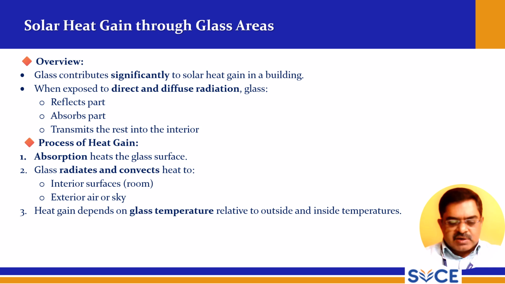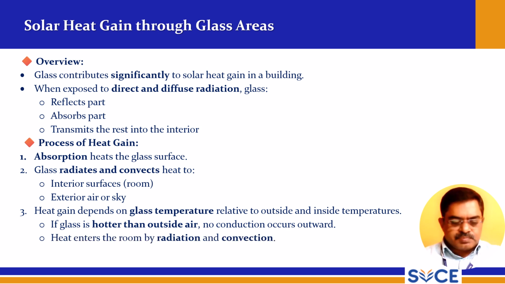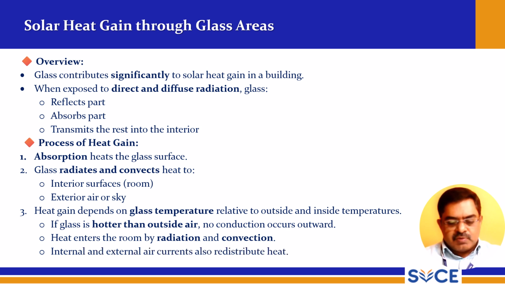Heat gain depends on glass temperature relative to outside and inside temperatures. If the glass is hotter than outside air, no conduction occurs outward, so heat enters the room by radiation and convection. These are the two processes, radiation and convection. And we have also seen conduction in the earlier session, and internal and external air currents also redistribute heat.